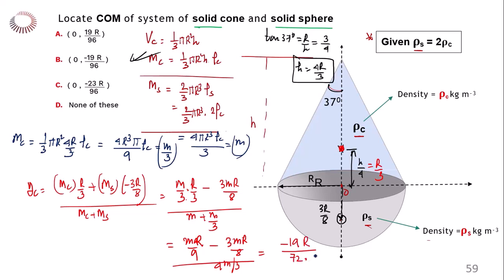Here the denominator is 4 and 3. So 3 and 72 means 24, and 24 into 4 means 96. So minus 19 r by 96. That is your answer. That is option number B. So this is how you have to calculate for the combined body.